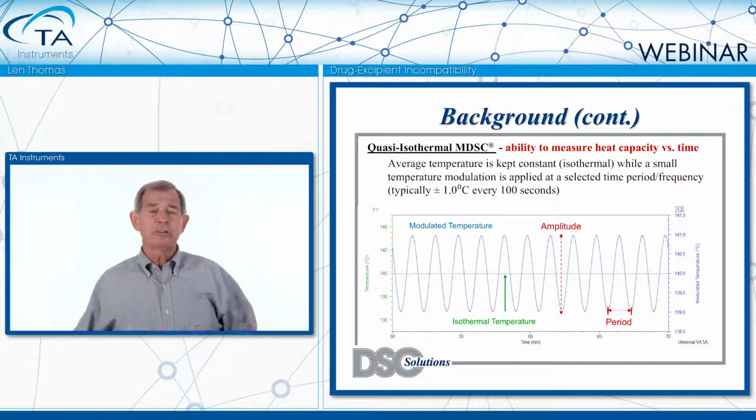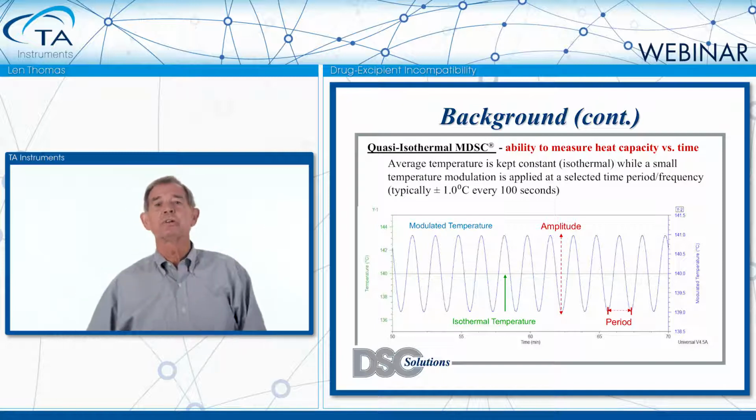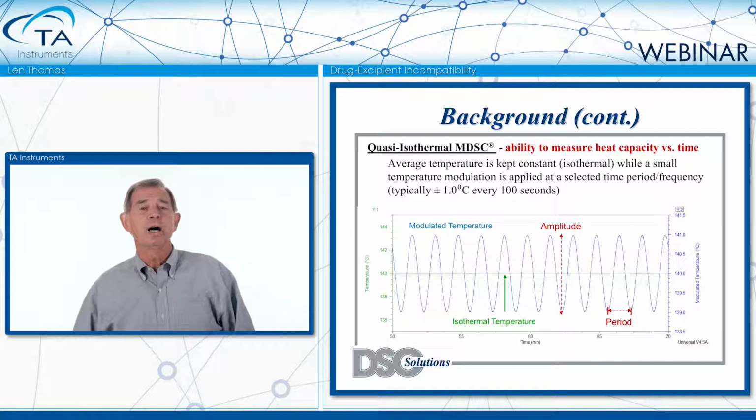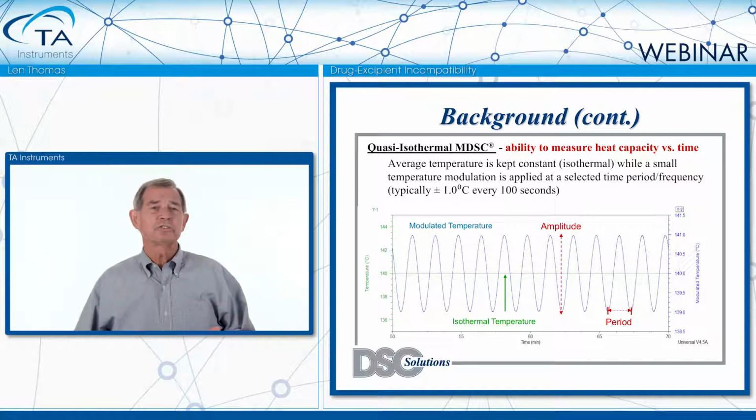So once you pick your isothermal temperature, we want to be able to measure heat capacity changes at that temperature. And the next slide will explain why heat capacity is such an important property to measure. In order to measure heat capacity at some isothermal temperature with modulated DSC, we apply a small temperature modulation on top of that isothermal temperature.